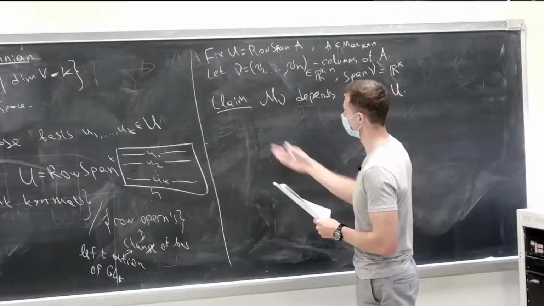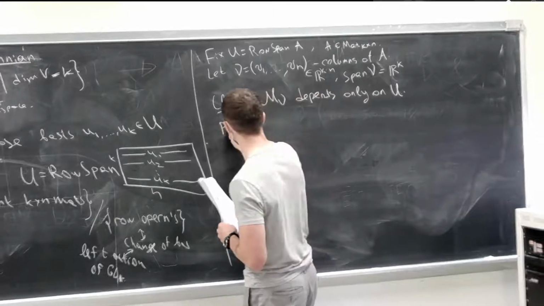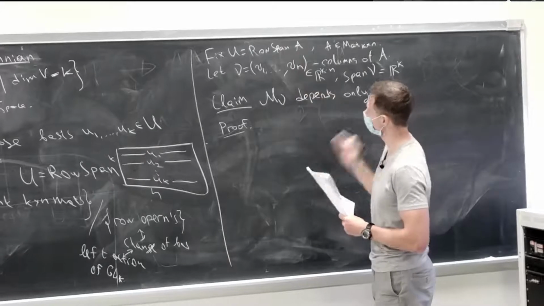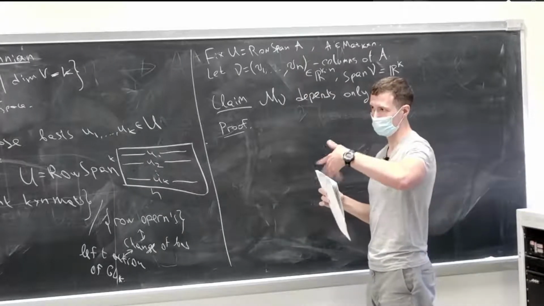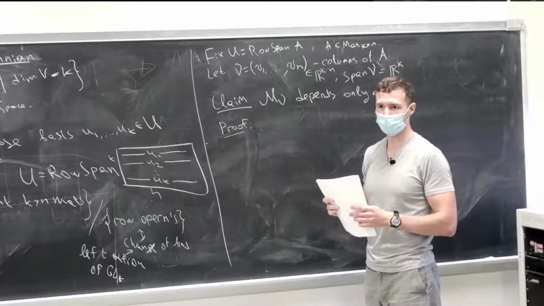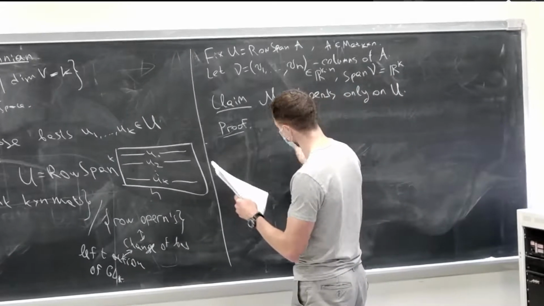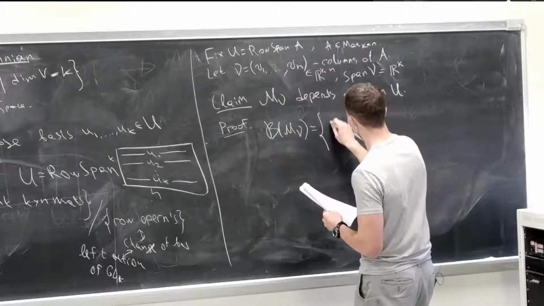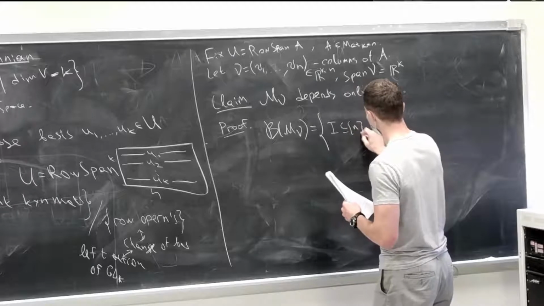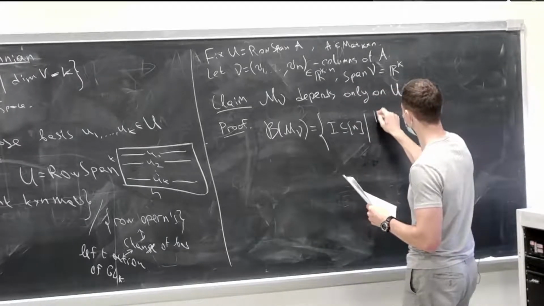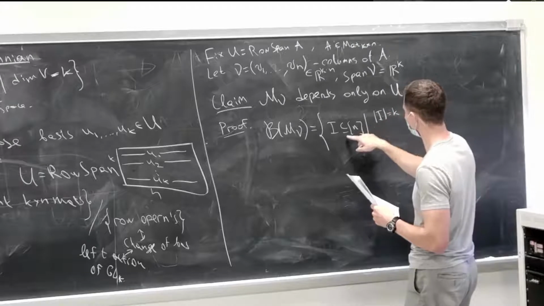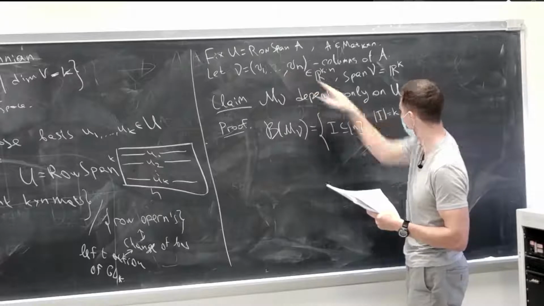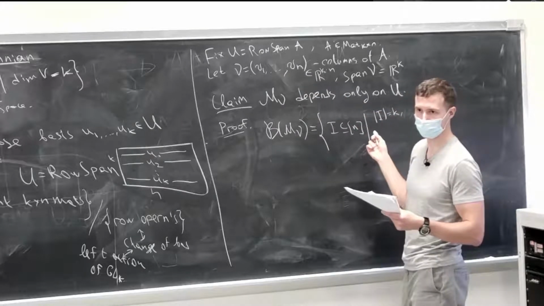Let's record the proof. If I look at the matrix, I'm going to decide which collections of columns form a basis of my matroid. The bases of my matroid are the set of all subsets I of [n] of size K, such that the corresponding vectors v_i, i in I, form a basis.